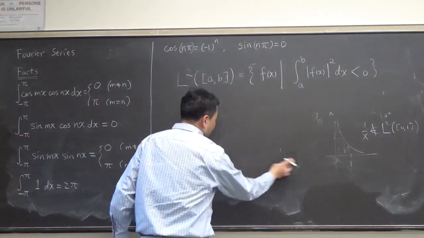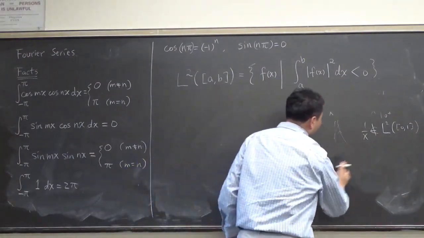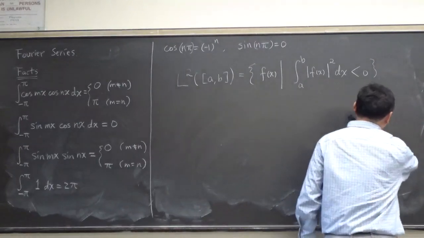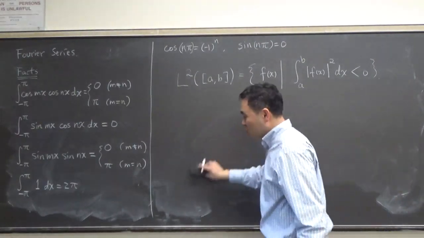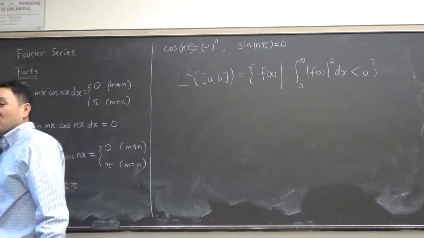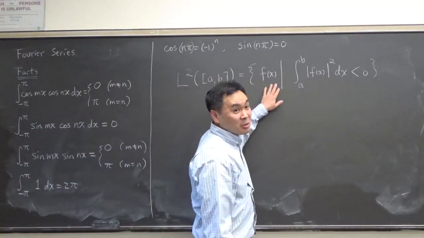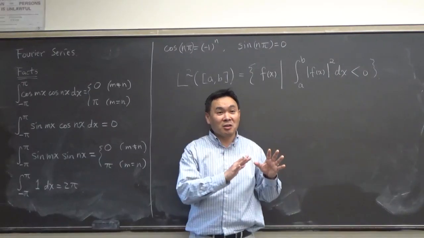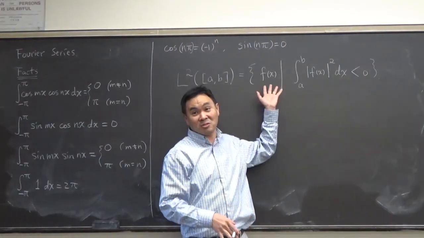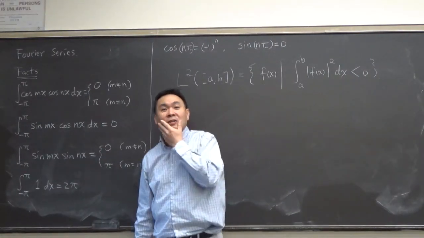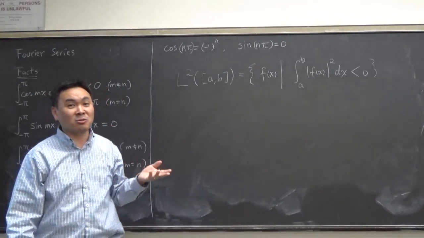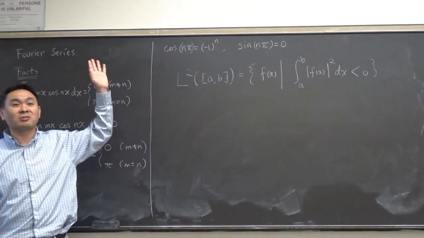Now, there are some hard inequalities like the Cauchy-Schwarz and some other ones, which show that if you take any two functions from here and add them together, the sum will again belong to this set. That's what you learn in mathematical analysis if you ever took that course. Did anyone take that course? Mathematical analysis?